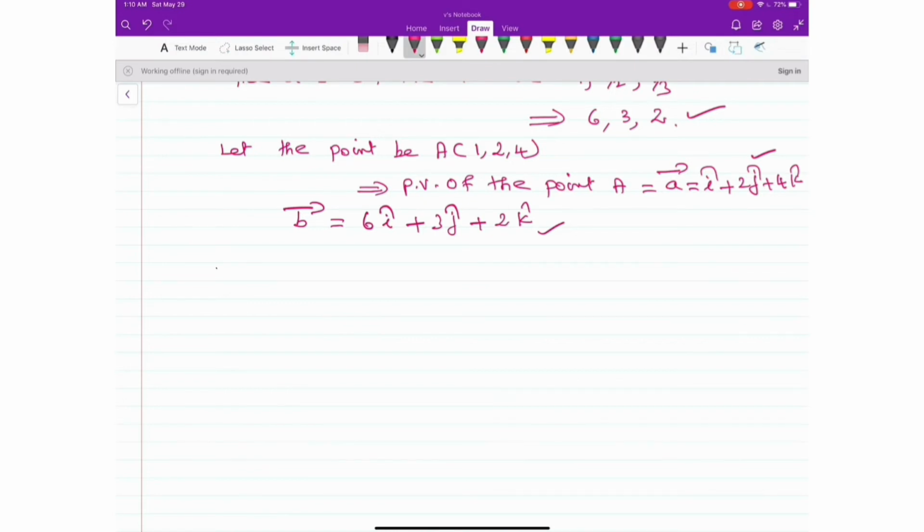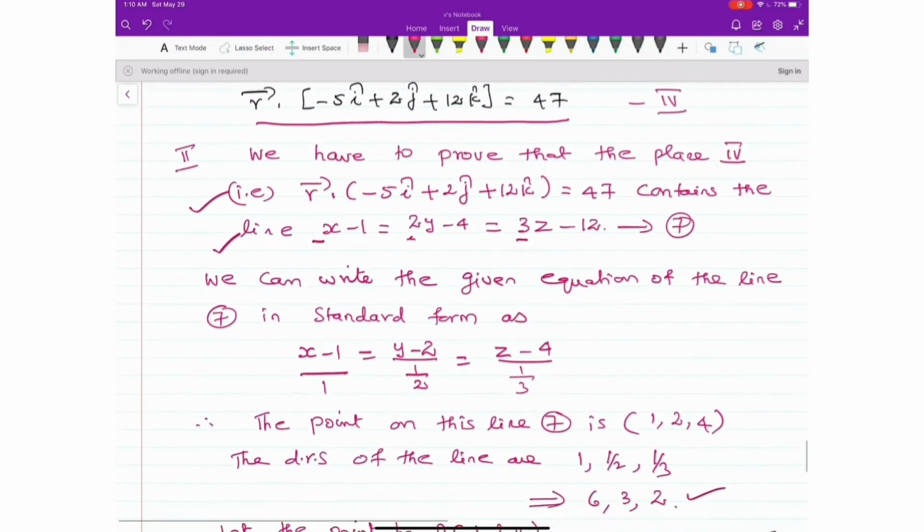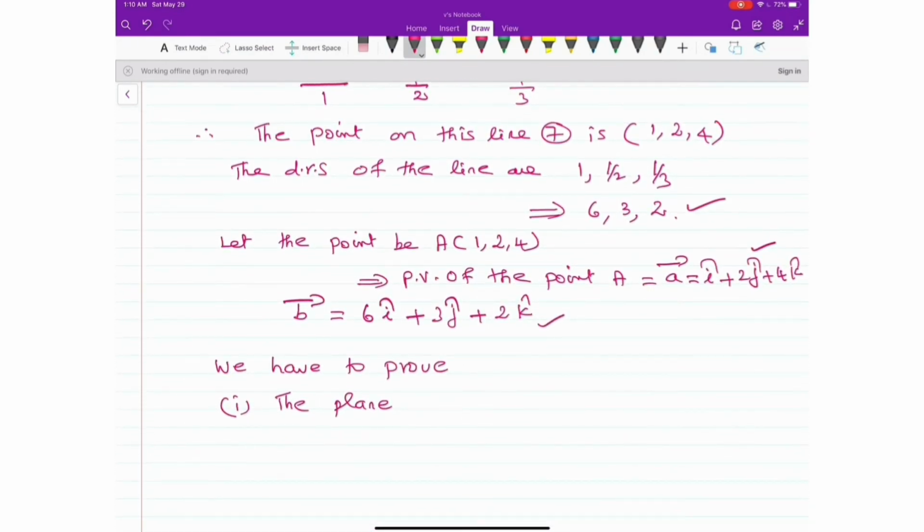We have to prove here the first part. The plane, I name this plane as 4. The plane 4, that is, what's the equation of the plane?